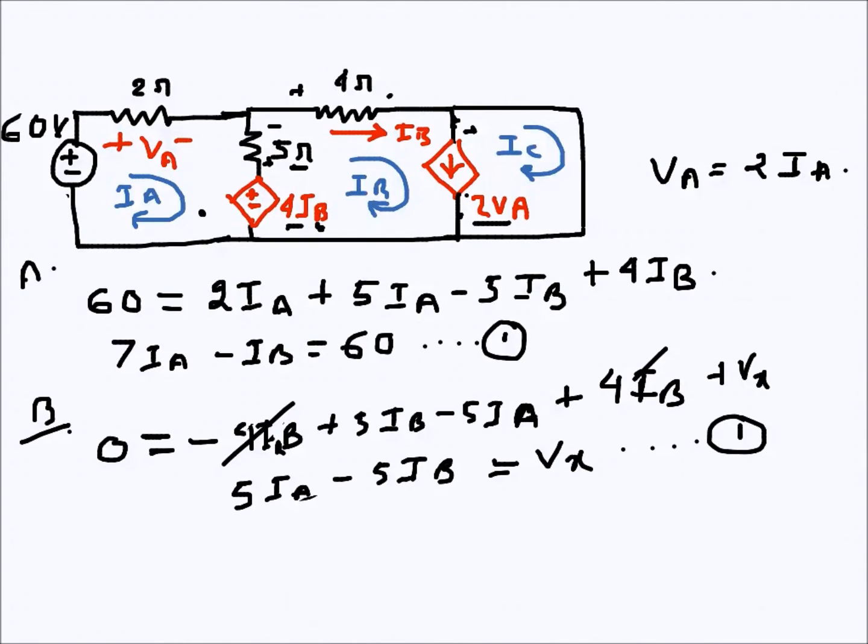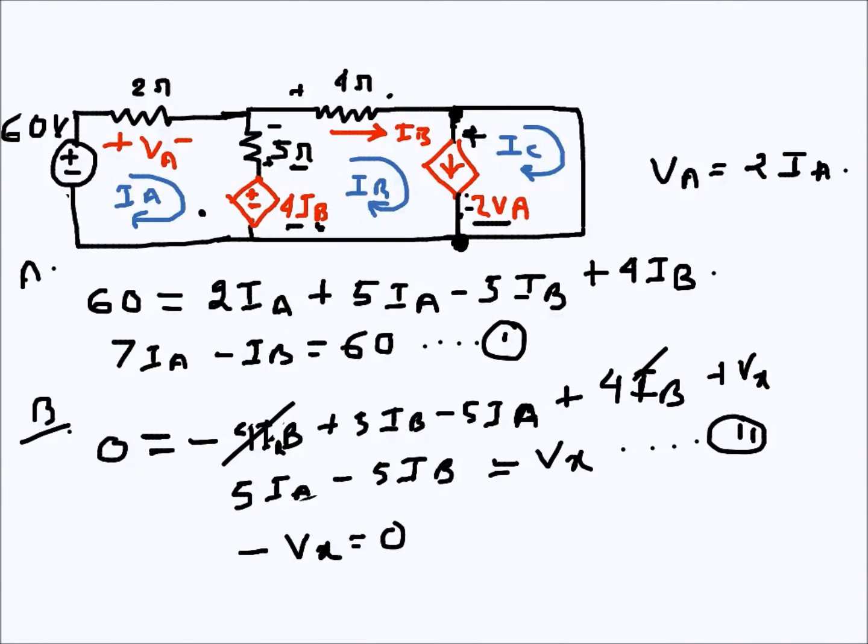Now for the third loop, we notice something. The third loop does not have anything else, and the only drop is here. If we go in the clockwise direction and assume the drop to be Vx, Vx is 0, because this point and this point are short circuited, so the voltage will be 0.